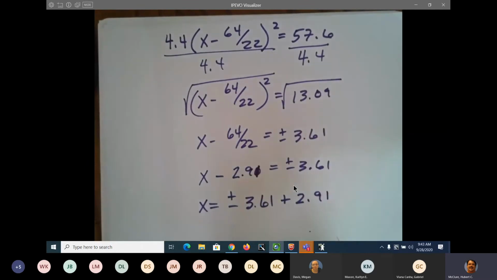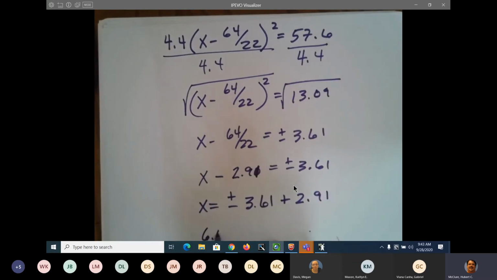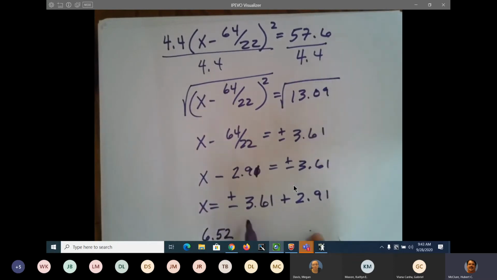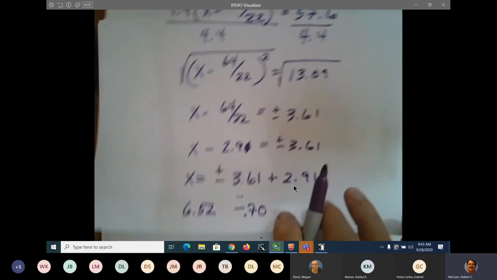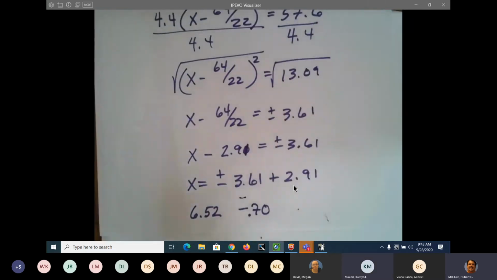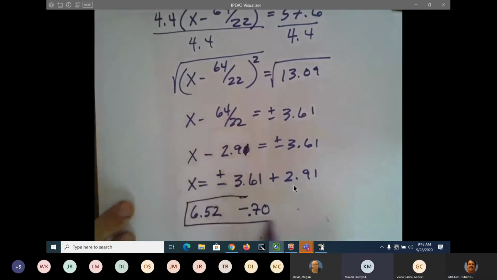Okay, so let's see, that'd be 6.52. Somebody check me, 6.52. And then somebody take negative 3.61 and add 2.91. I think you're going to owe 70 cents? Negative 0.70. Somebody do those two additions right there and tell me what y'all get. Negative 0.7.